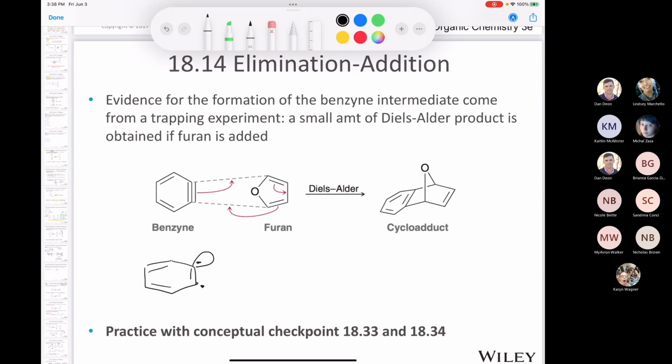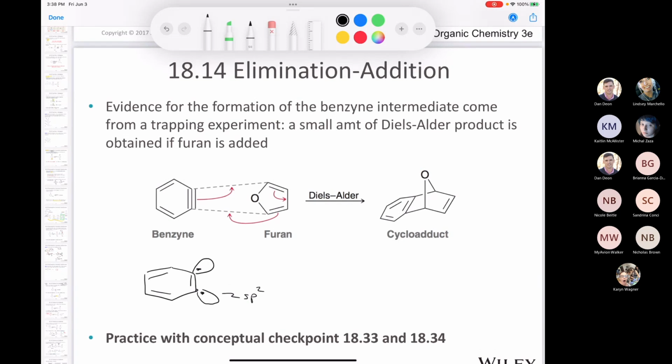So it's like a diradical, and each one of those unpaired electrons is in an sp2 hybridized orbital. And you can imagine that the orbital overlap of those two sp2s coming together would be really inefficient. And so that's why benzyne is so dang reactive. It's not very stable. But that's the bottom line of elimination addition.